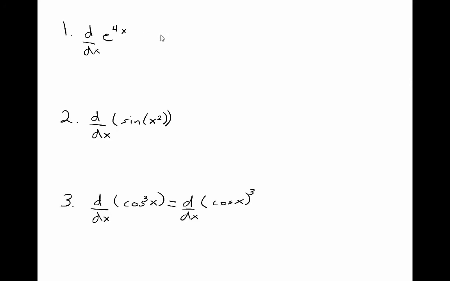Alright, so for this first one, this is e to the 4x. So u equals 4x. That's your inner function. What's the derivative of the inner function? That's just 4.